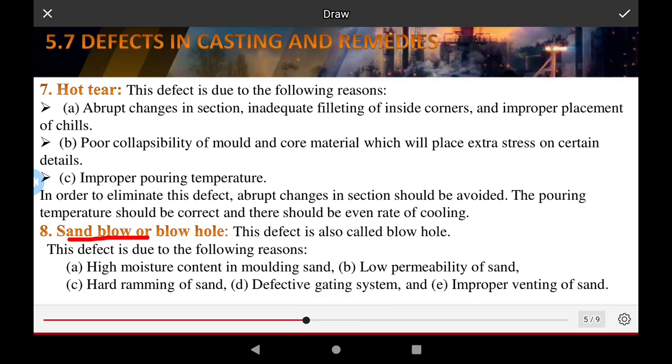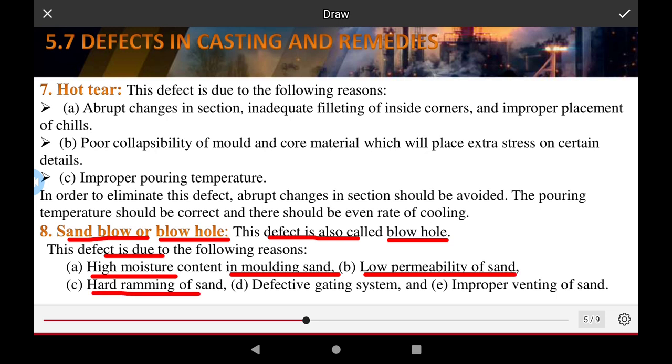Sand blow, also called blow holes. This defect is due to the following reasons: high moisture content in the molding sand, low permeability of the sand, hard ramming of the sand, a defective gating system, and improper venting of the sand.